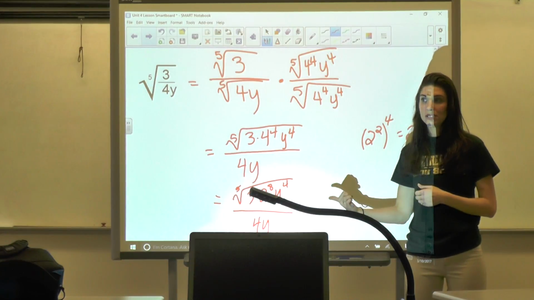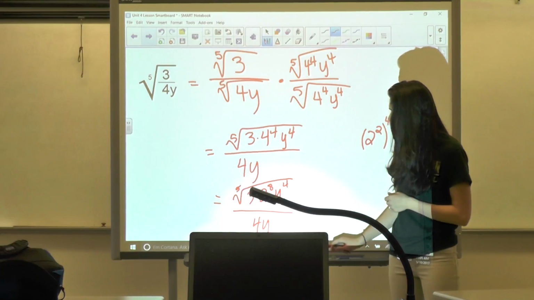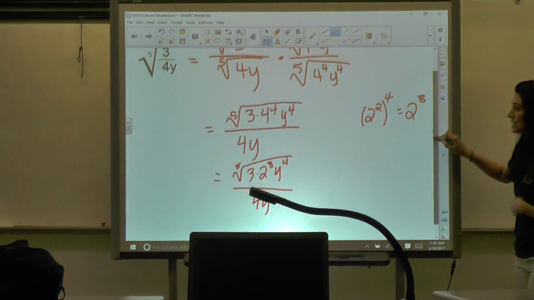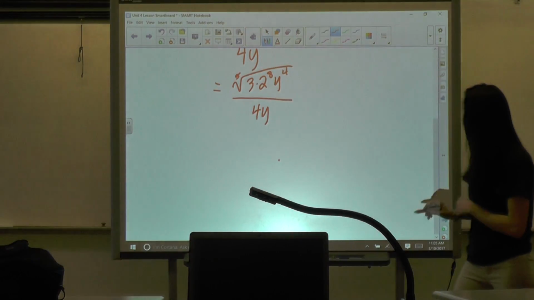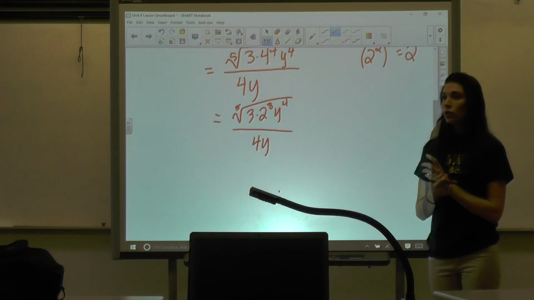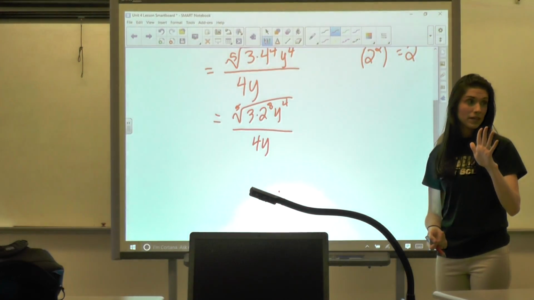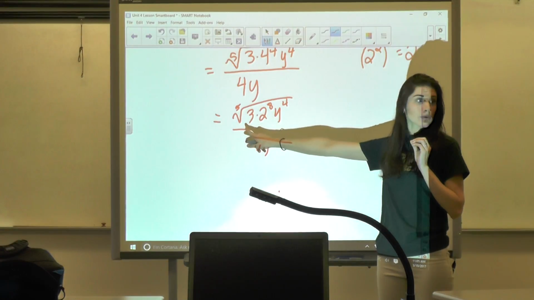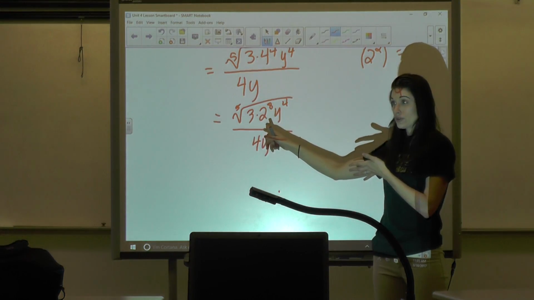But you would have been able to simplify this more. So, what does it simplify to? In order to bring out 1, you have to have 5 of something. Do I have 5 3s? No. Do I have 5 2s? Yes.